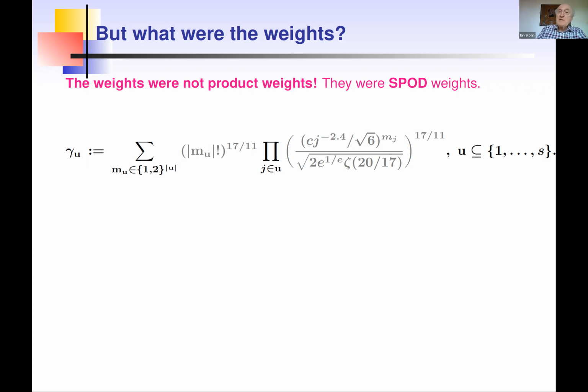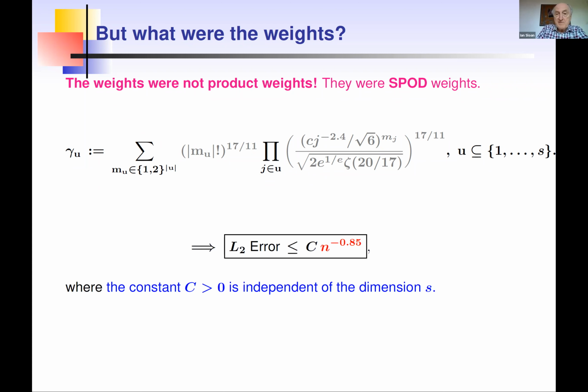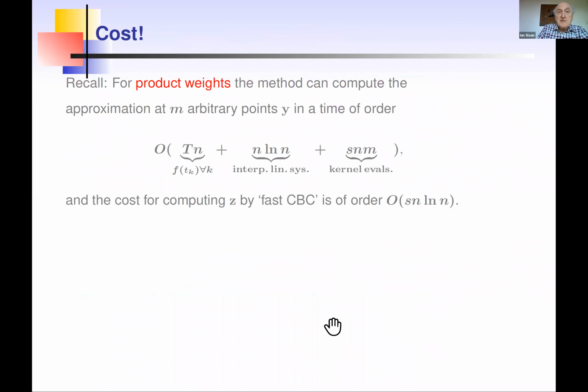And if we get the weights, the details here matter not at all. But the thing is, these are not products because of this initial sum. So these weights are complicated, they're not products, and they are expensive. So we have a rigorous error bound. Everything is beautiful mathematically, and the constant is independent of dimension, but the cost is high.